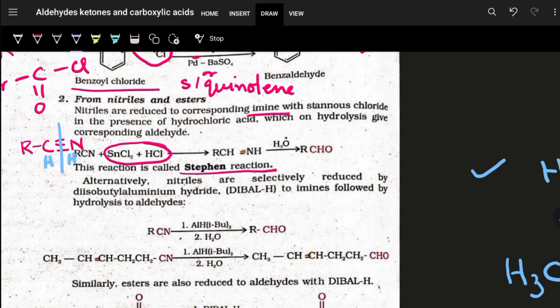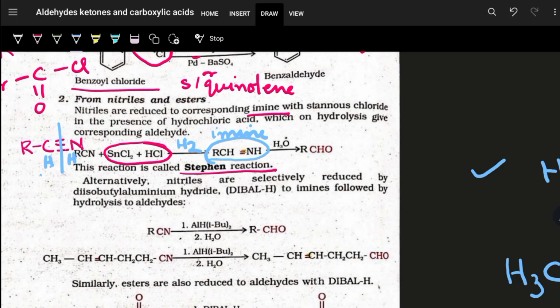Reduction, so I'll say it is H2 addition. So when it is H2 addition, it is forming RCH double bonded NH, that is this, which is an imine. This imine is undergoing hydrolysis to form aldehyde.